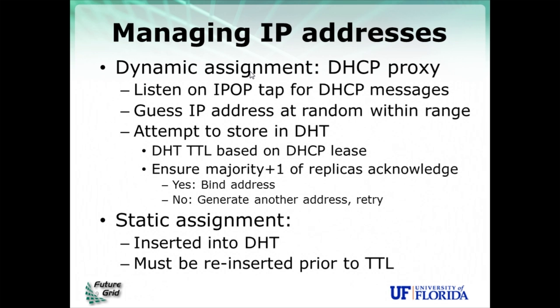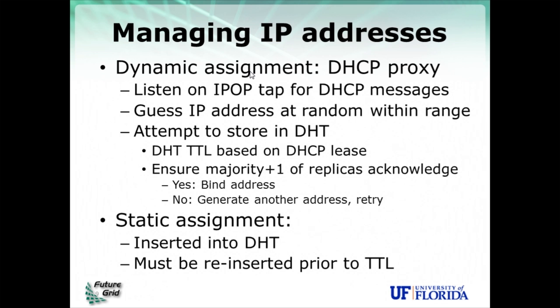If it's not possible to insert this mapping in the DHT, the DHCP proxy will regenerate another address and retry and continue this process until it finds a value that has not been allocated to any other node. It's also possible to support static addresses by inserting the mapping into the DHT.